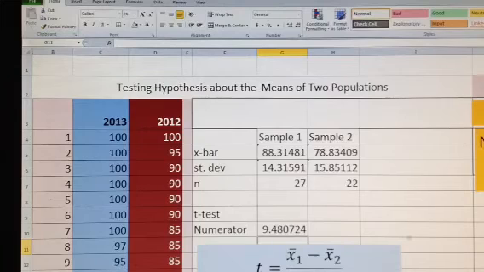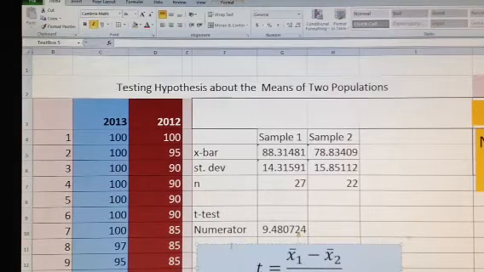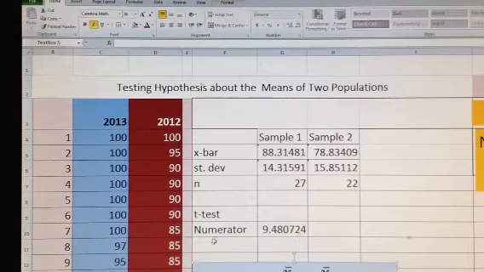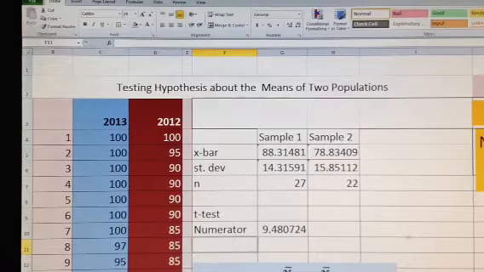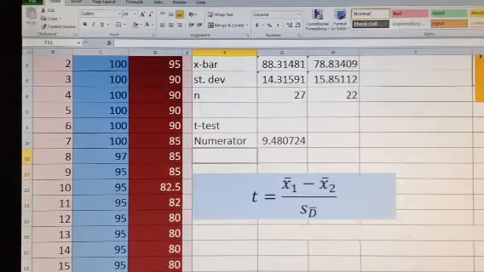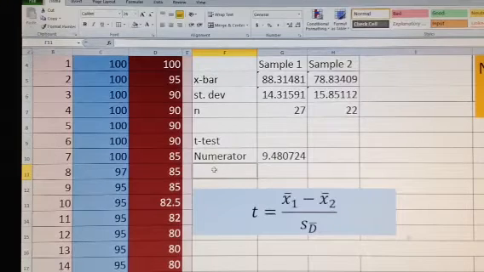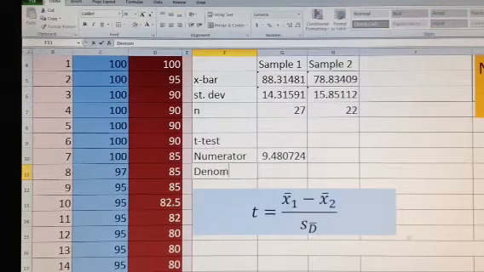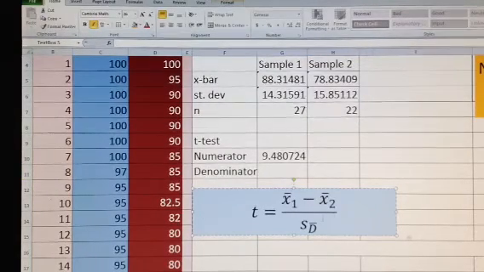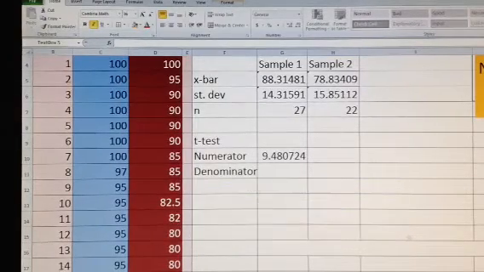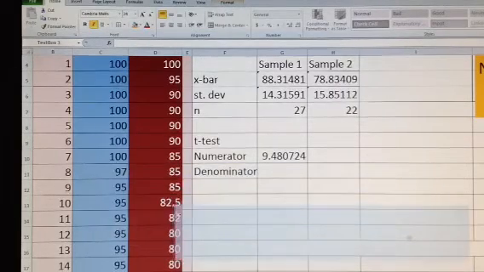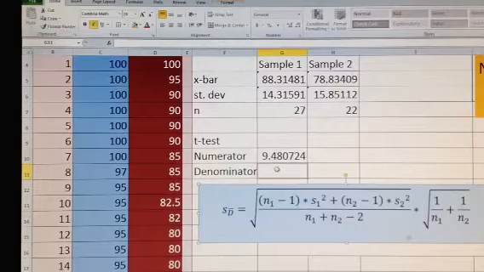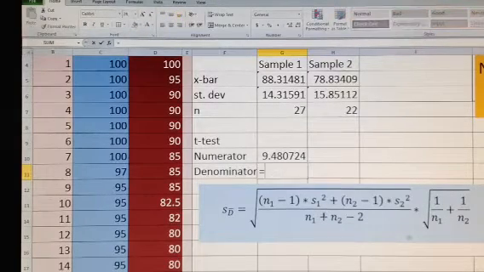But then we need to calculate the denominator of the same formula, and this denominator is a little bit more difficult. Well, I shall say quite more difficult. But now I will show you how to do this with Excel very easily.